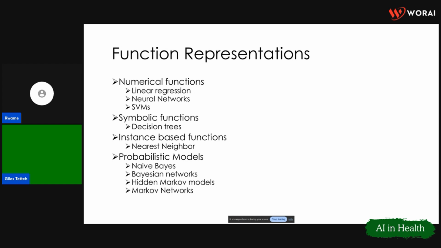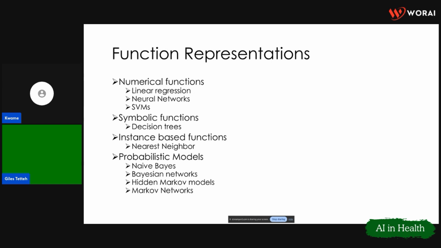So if A and B are present, then we branch to this side. If this is that, yes or no, we branch. So we can create a decision tree to also learn. Then we have what we call the nearest neighbor. There are some cases where we are only interested in the close-by instances of the given data to be able to predict what that data is.